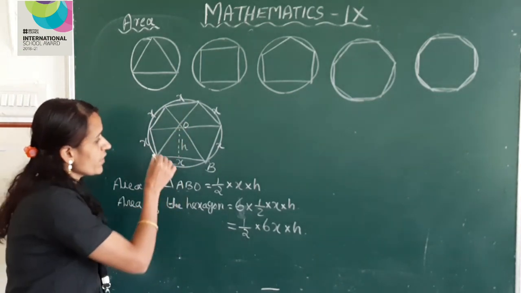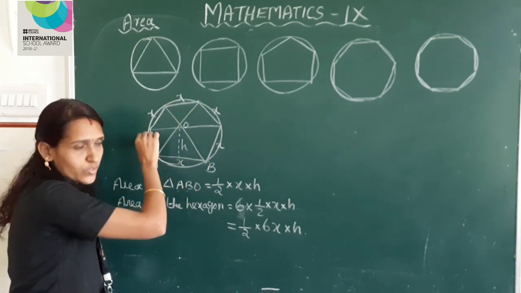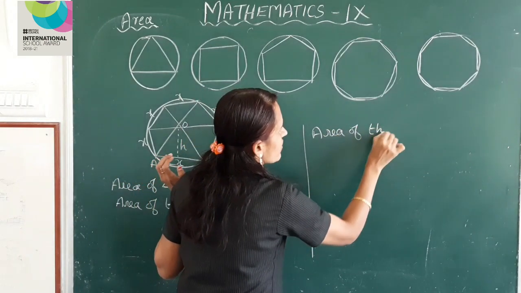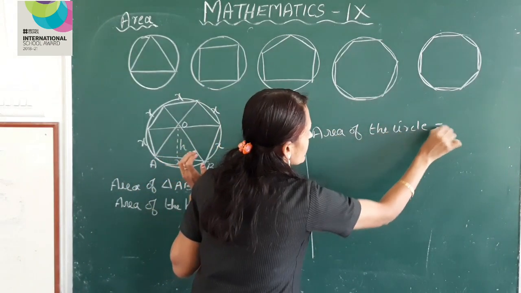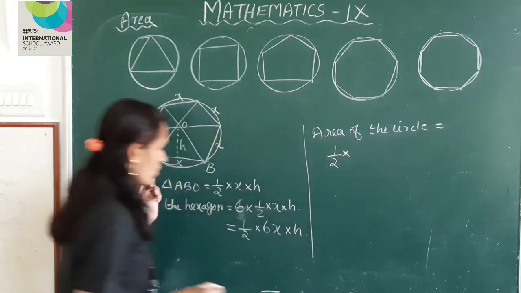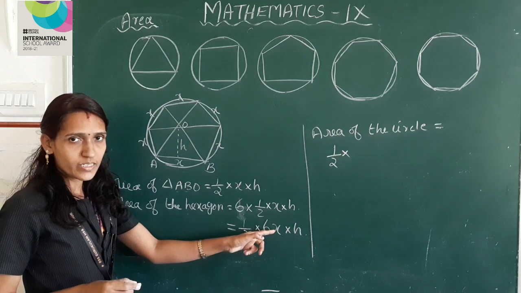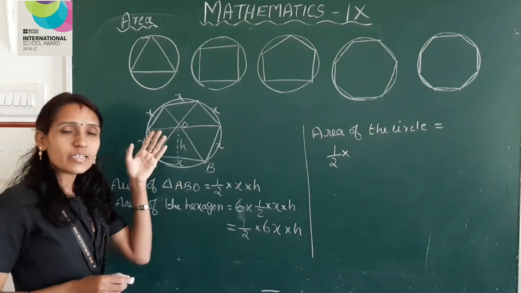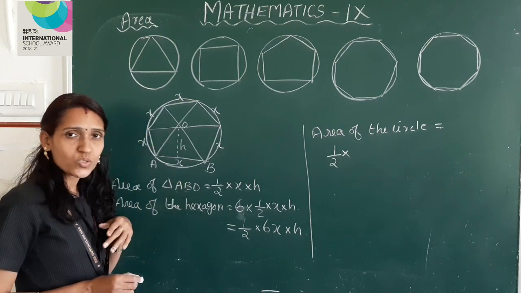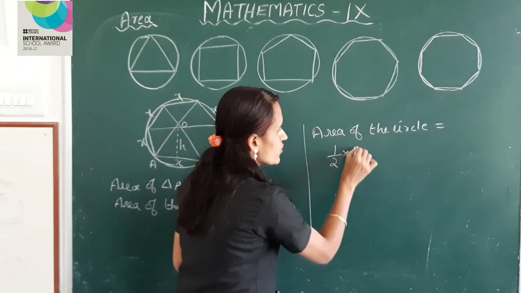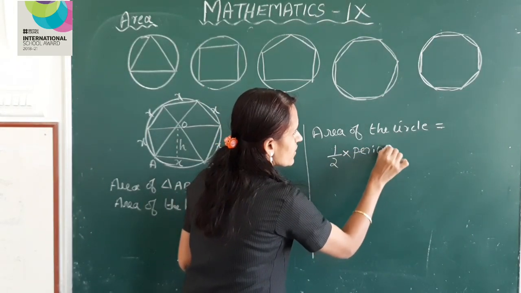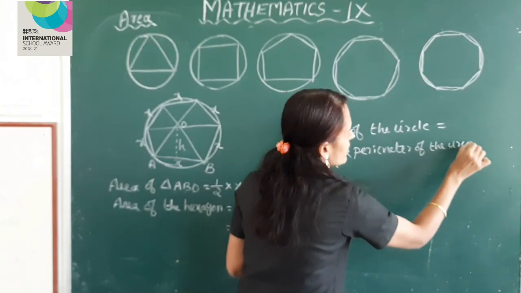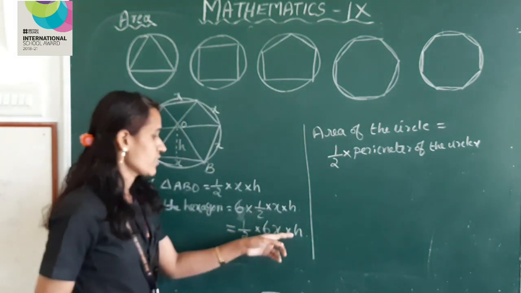Next, the area of the circle is equal to half into 6x, that is the perimeter of the hexagon. As the number of sides increases, its perimeter comes closer and closer to the circle, right? So half into the perimeter of the circle into height.